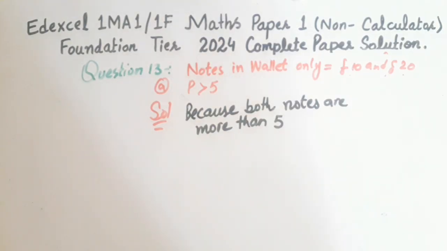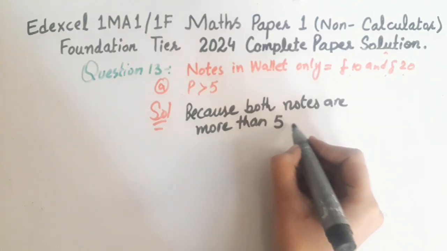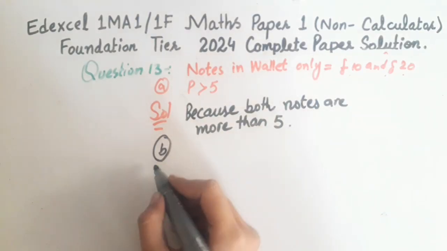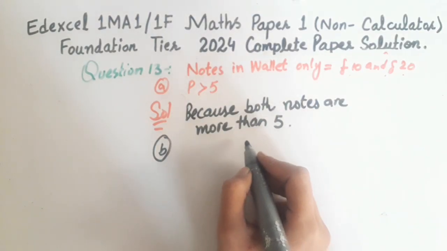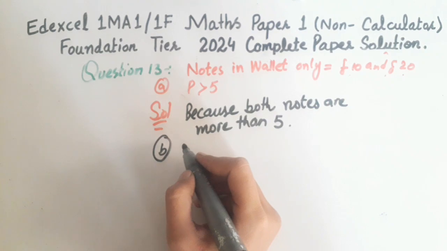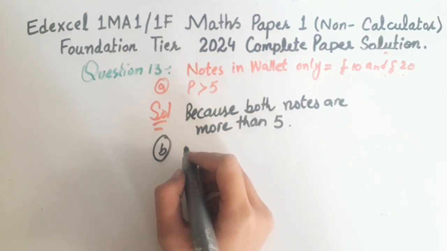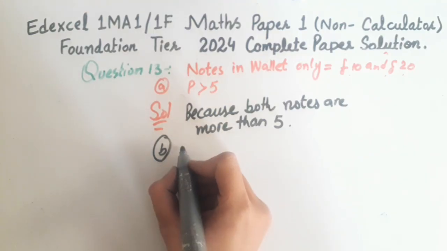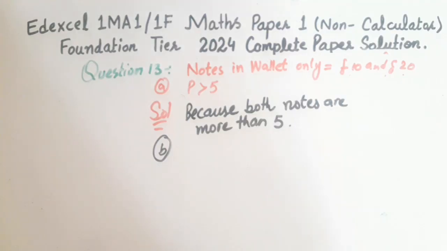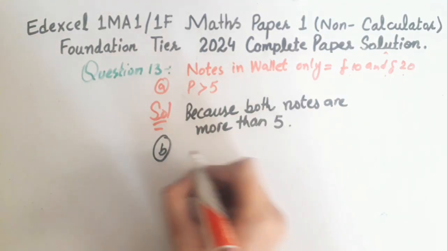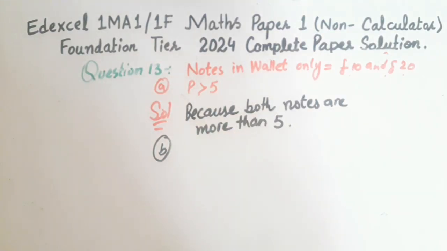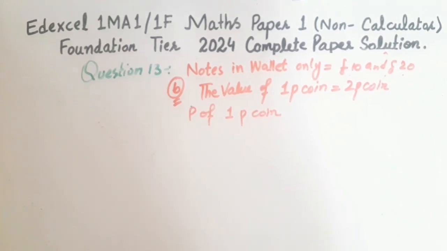Now we will solve the other part. In the B part, you have to find the probability of one P coin.